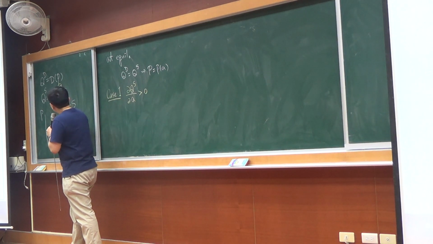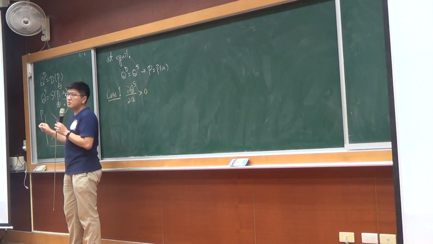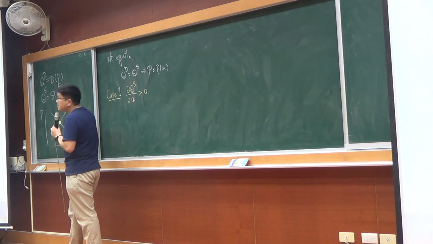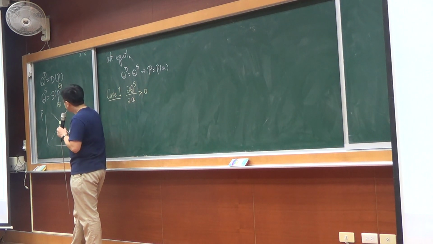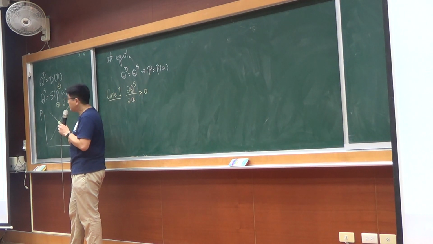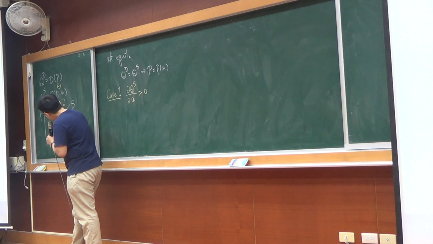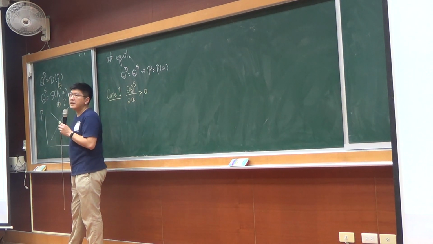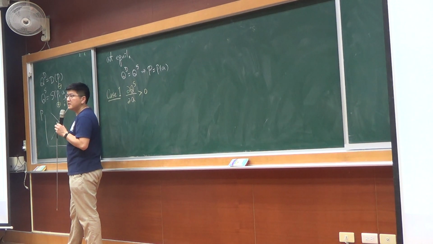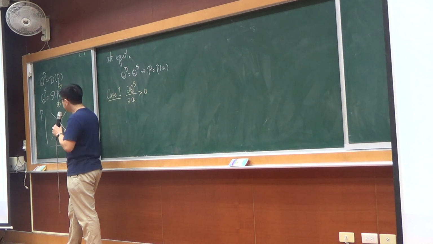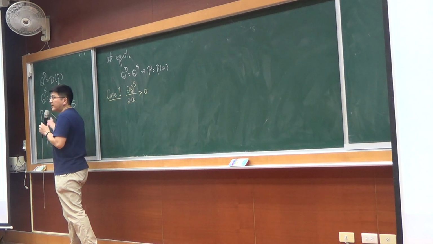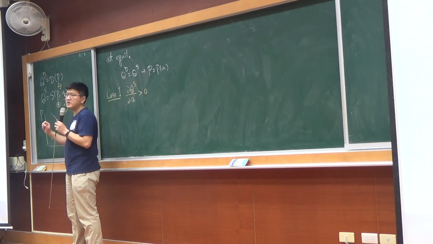So the relationship between QD and P is captured by this curve. So the points on the curve will move along the curve. Get it? So you got a high price, you got a lower quantity demanded.